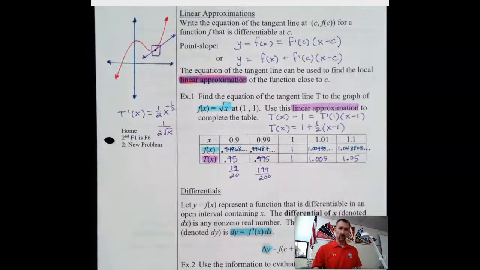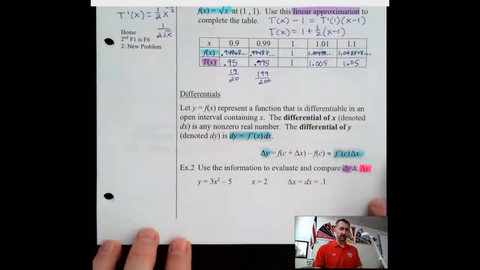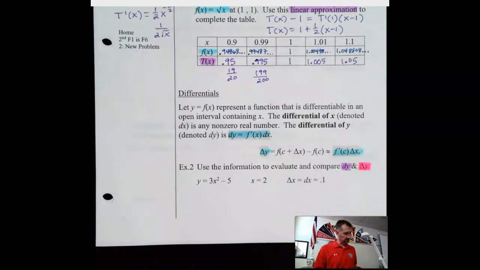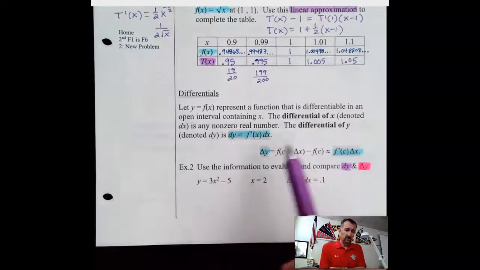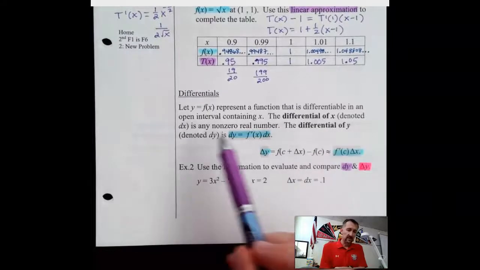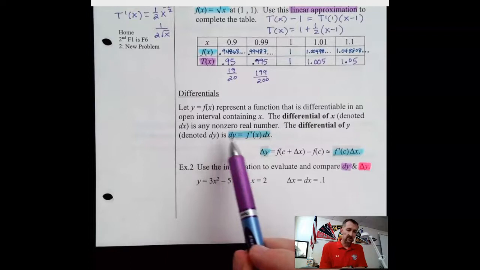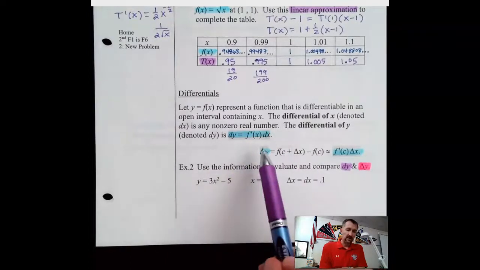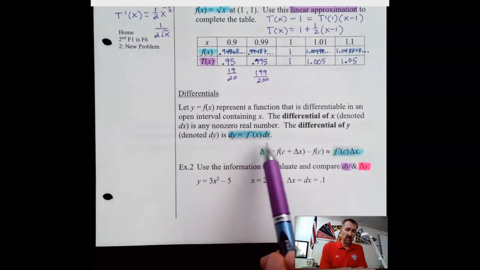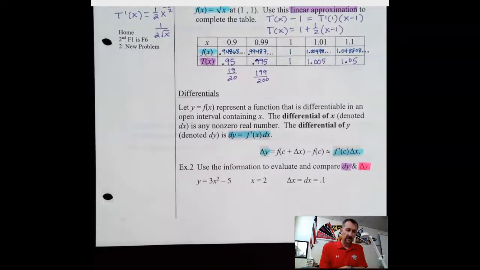Okay, so moving along, differentials. So if we have y equals a function, you can read this yourself, it's differentiable. The differential of x is denoted by dx, a non-zero number. The differential of y is equal to f prime times the differential of x.